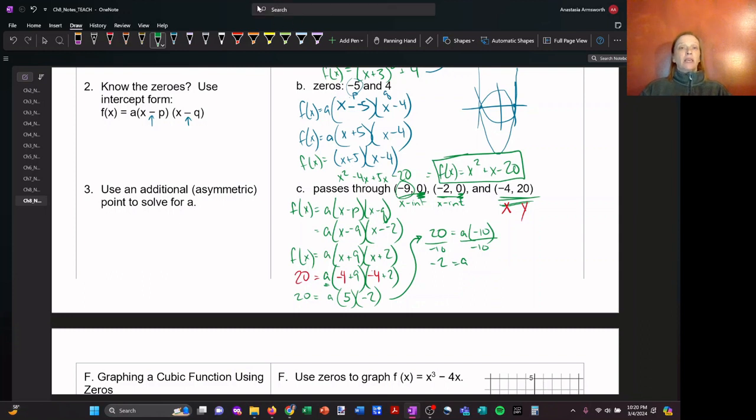I can plug -2 into the version of the equation that I had at almost the first step here. I'm going to plug -2 into there, and that's going to give me f of x equals -2 times x plus 9 times x plus 2.